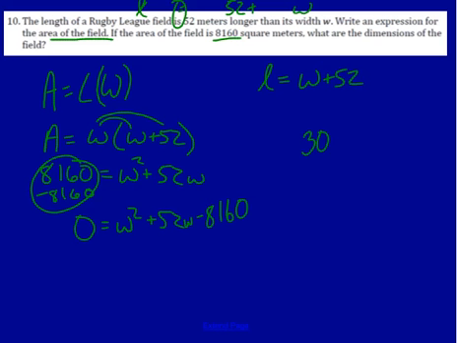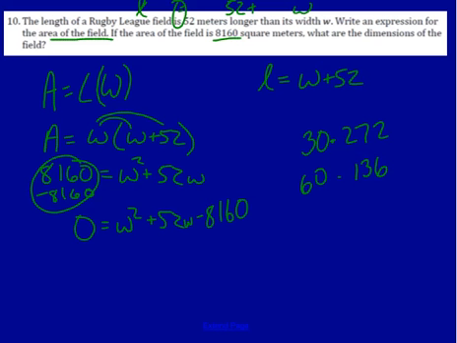I'm grabbing a calculator. I forgot to do this problem ahead of time. Ooh, I'm close. 30 times 272. Let me try 8160 divided by 60. So 60 times 136, and there's no more threes.